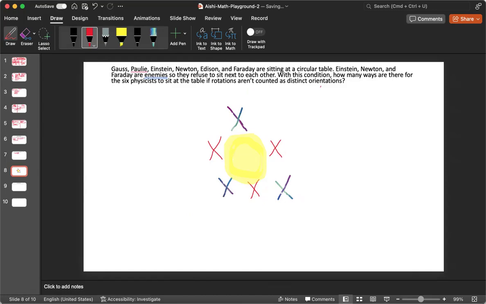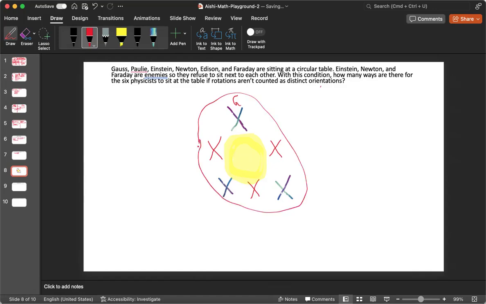So let's say we fixed Gauss at the top, and the enemies won't sit next to each other. So there would be only one way. The purple and blue X's are the people without enemies, and the red crosses are the ones with enemies. And there would be one way to arrange them.